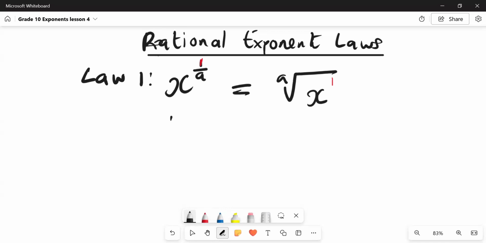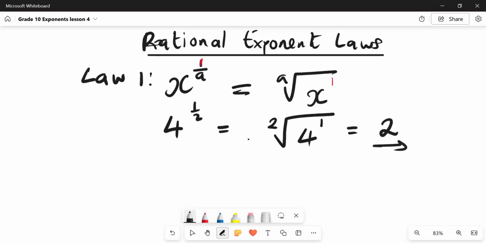Here's an example. 4 to the power of 1 over 2 is equal to the square root of 4, and then there's an invisible 1 there, as well as 2. And this will give us 2.